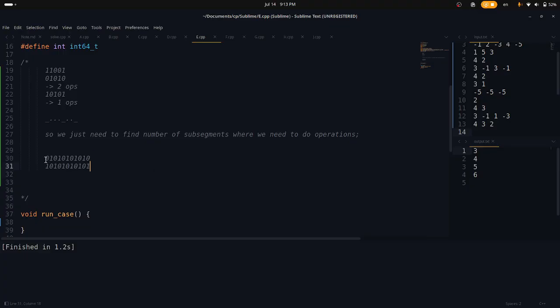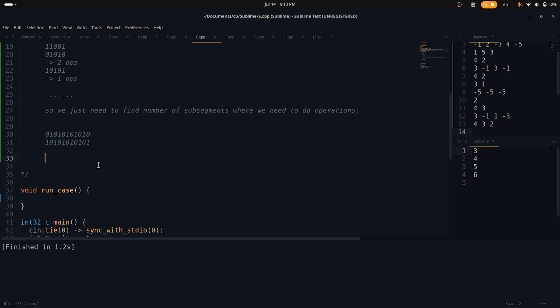For each of them we can count the number of starting or maybe ending positions and length.